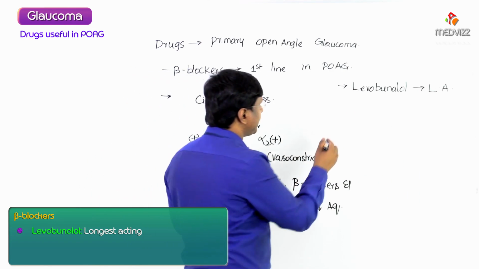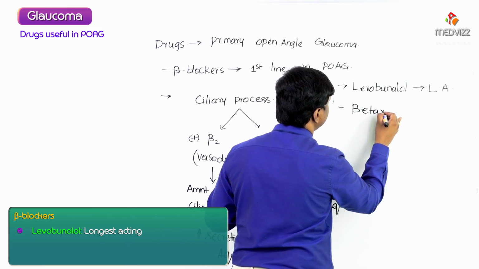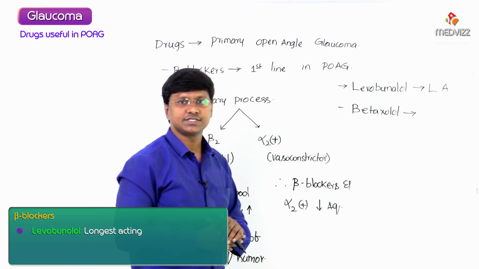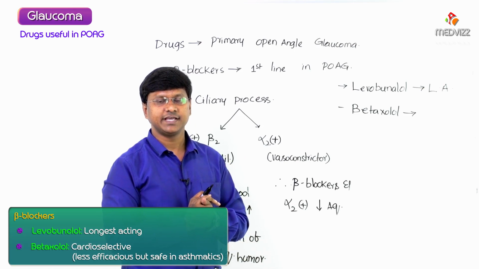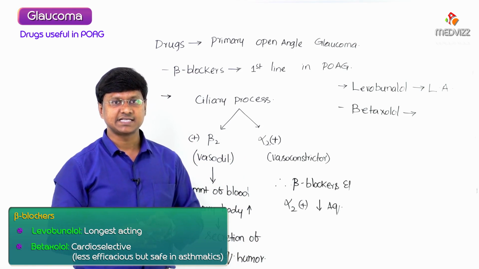Whereas you take betaxolol, as I have already discussed, this betaxolol is a cardioselective beta blocker, therefore less efficacious but very much safe in asthmatics.